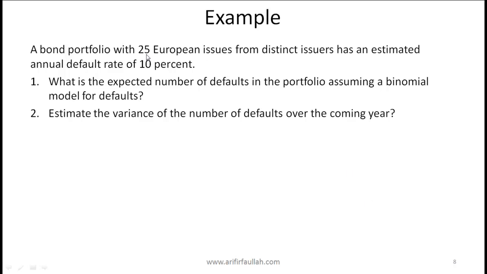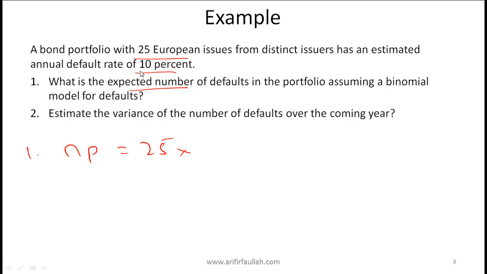Example: a bond portfolio with 25 European issues from distinct issuers has an estimated annual default rate of 10%. What is the expected number of defaults in the portfolio, assuming a binomial model for defaults? Expected number is n times p. What is n? We have 25 issues times p.